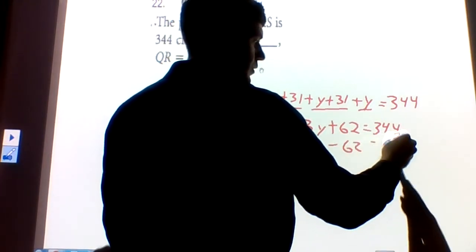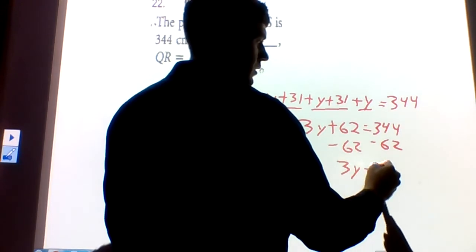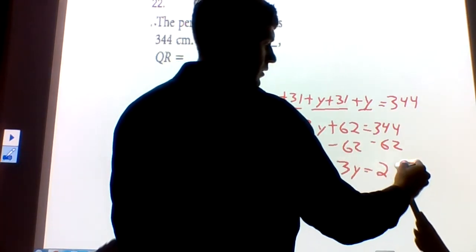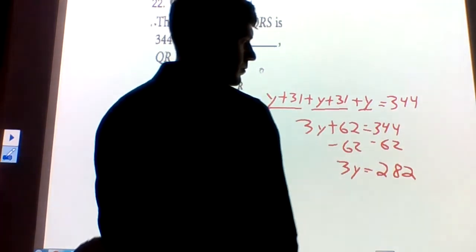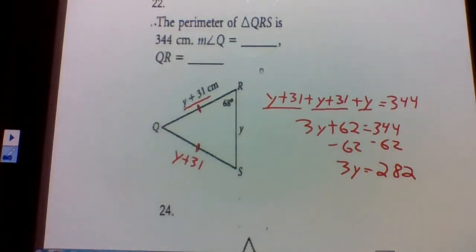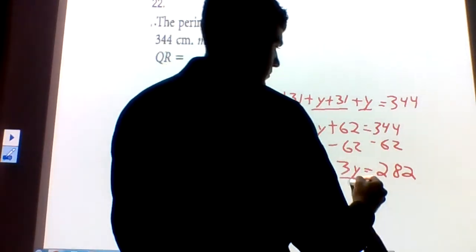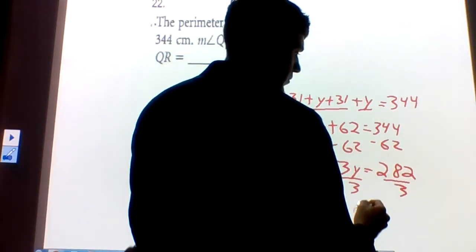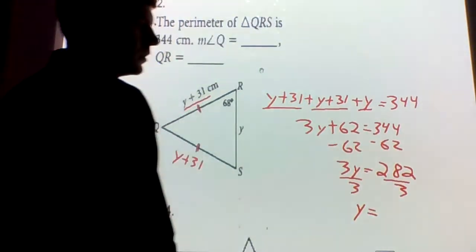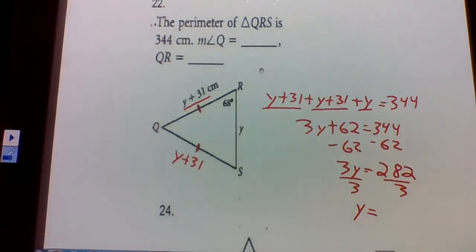Subtract 62 from both sides. We have 3y equals 282. Divide by 3. So y is going to be 94, right?